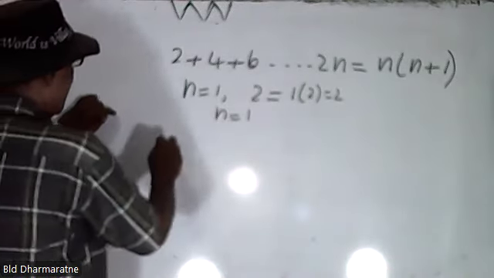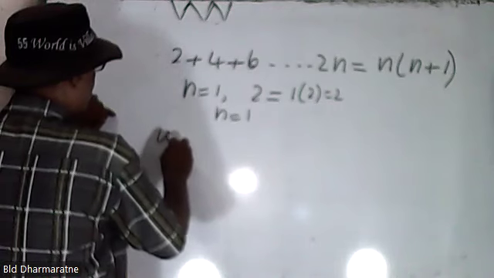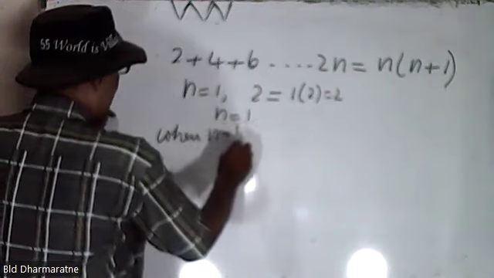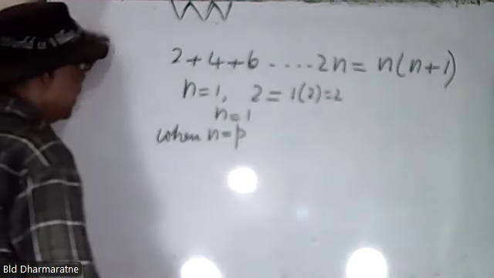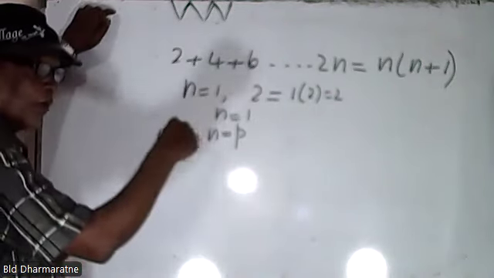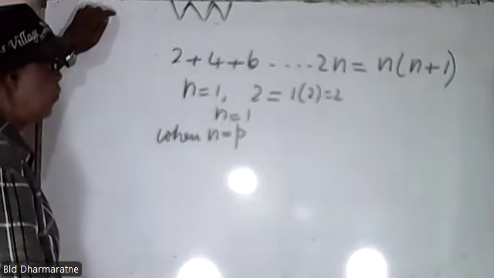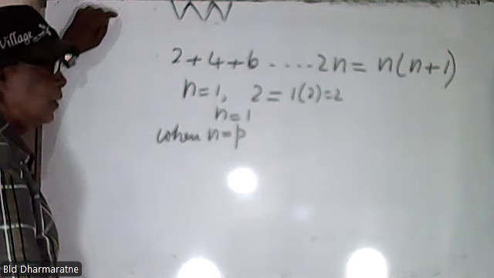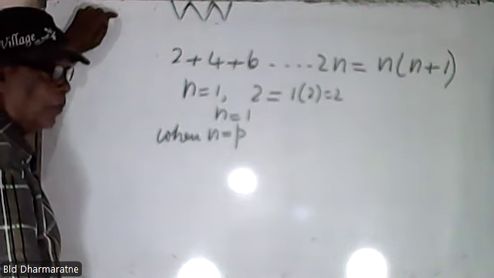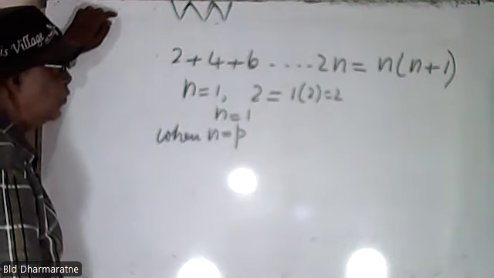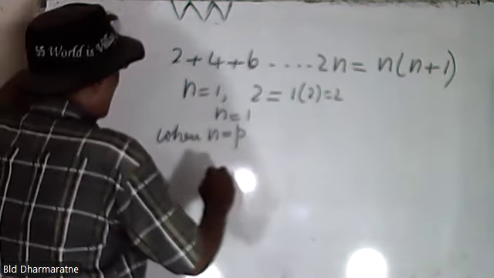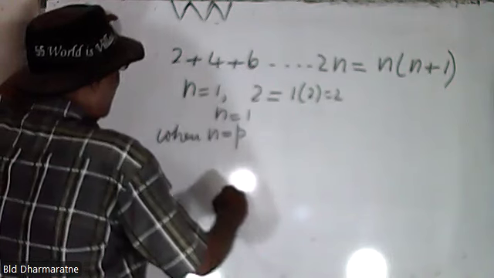Now when n equals p, we assume that the result is true. All the n terms are replaced with p, and we use the p term also. After proving that, the final step.